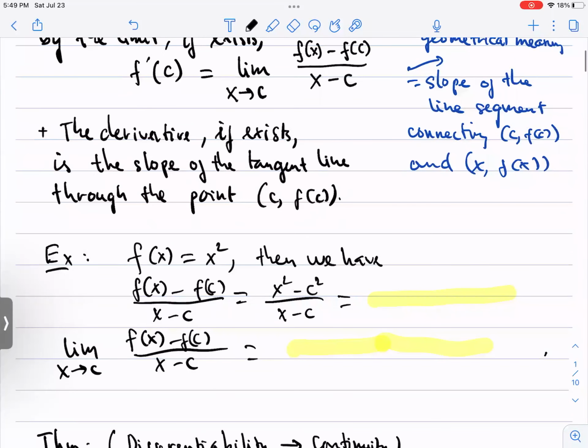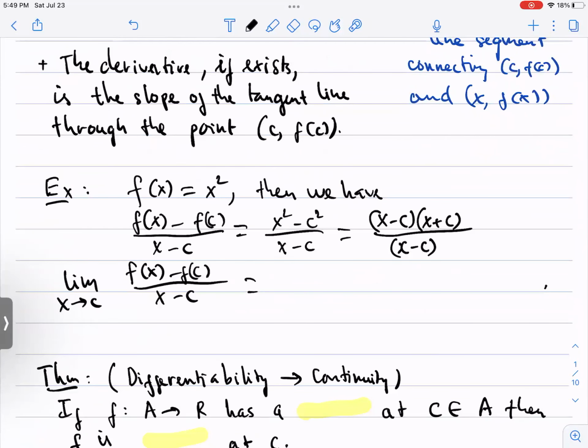through the point c, f of c. Let me give you an example here. Consider the function f of x equal to x squared. Then we have f of x minus f of c divided by x minus c equal to x squared minus c squared divided by x minus c. Using algebraic manipulation, we have x minus c times x plus c in the numerator, and x minus c in the denominator.